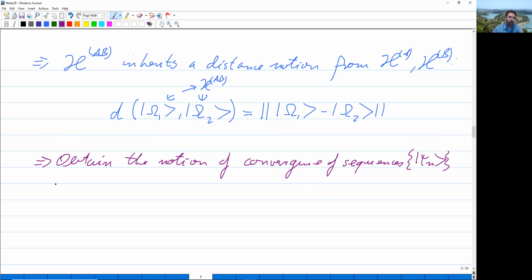And remember that so far we are only considering finite linear combinations of the unentangled vectors.